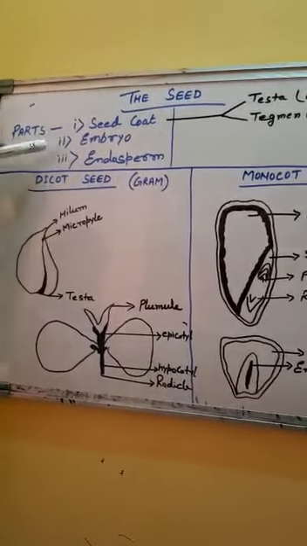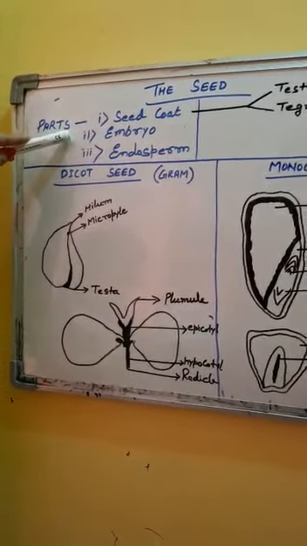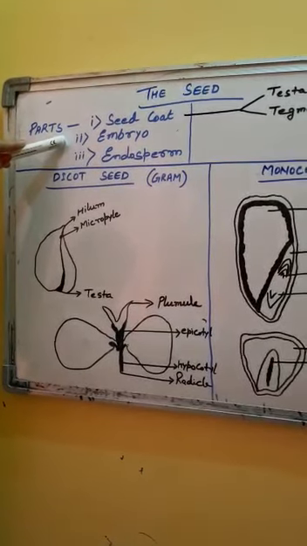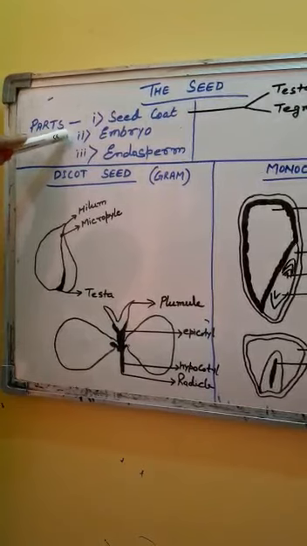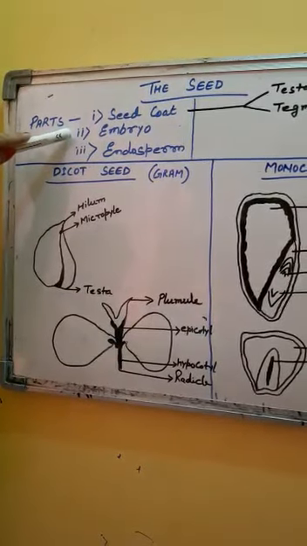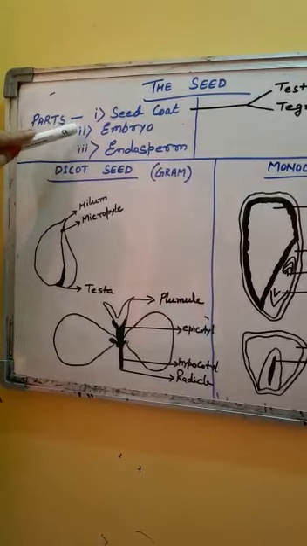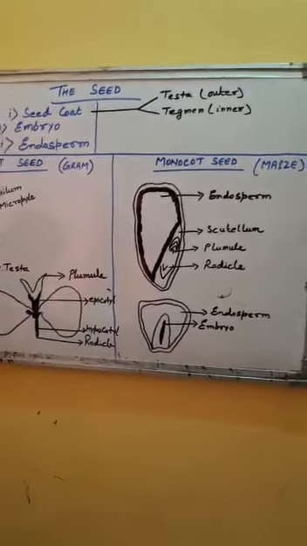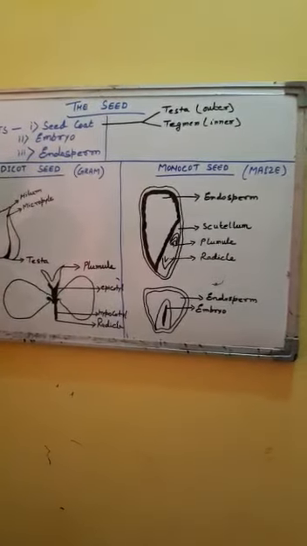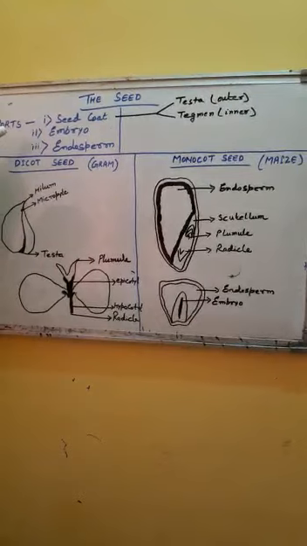The second part of the seed is called the embryo. It is enclosed inside the seed coat. Again, the embryo has two parts. The first part is the cotyledon, which may be one in monocot seeds and two in dicot seeds. Cotyledon stores food and becomes fleshy.